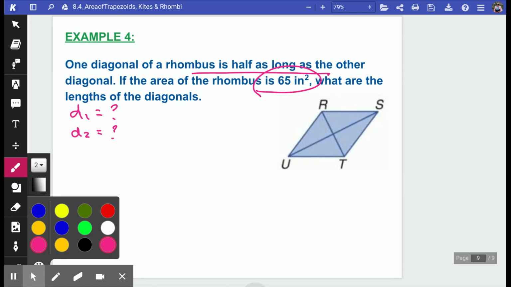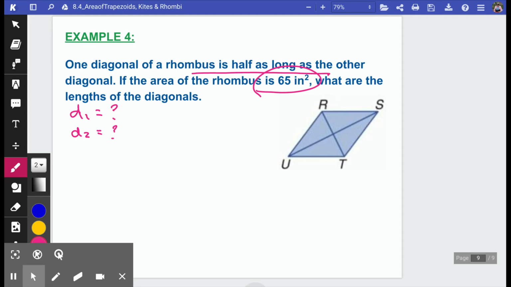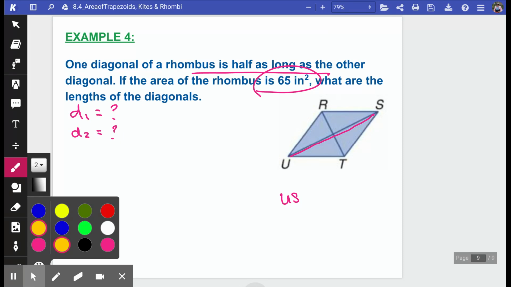Okay, so let's look at our two diagonals. We have US and we have RT. I'm going to call RT D1 and US D2.